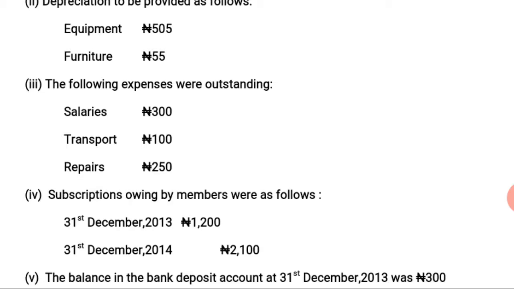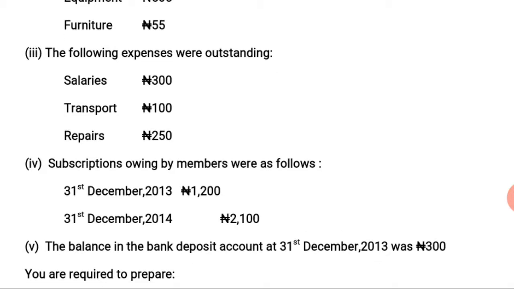The following expenses were outstanding, that is, the amount that are expected to have been paid, which are yet to be paid as at the time the account was being prepared, were salaries of 300 naira, transport of 100 naira, and repairs of 250 naira.